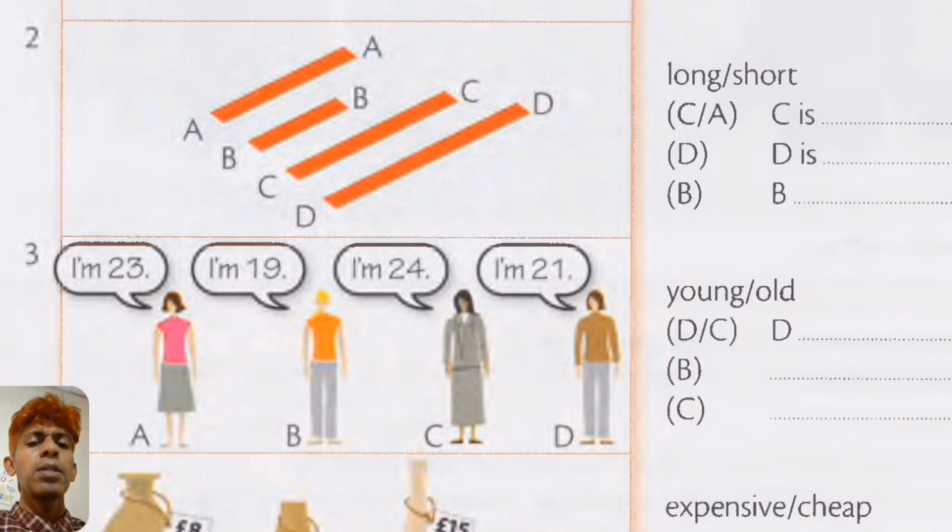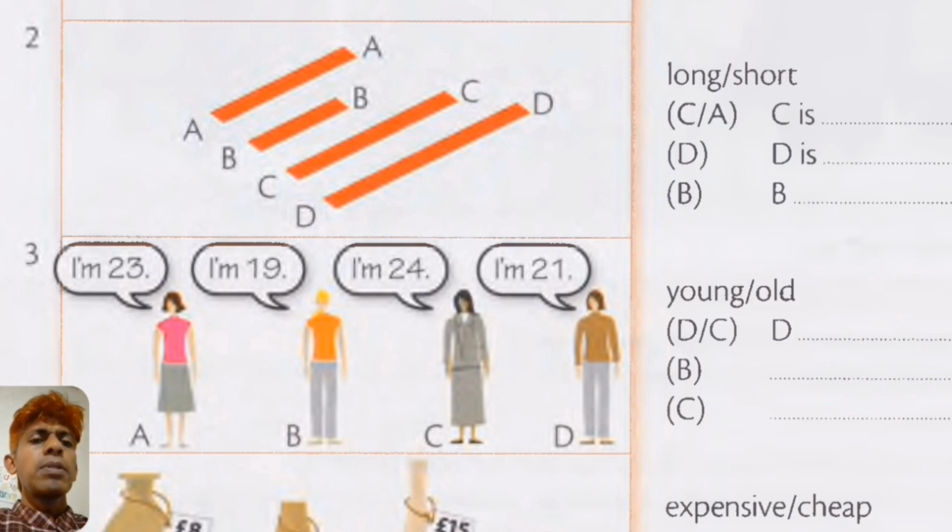The longest, the shortest. C, A. C is longer than A.